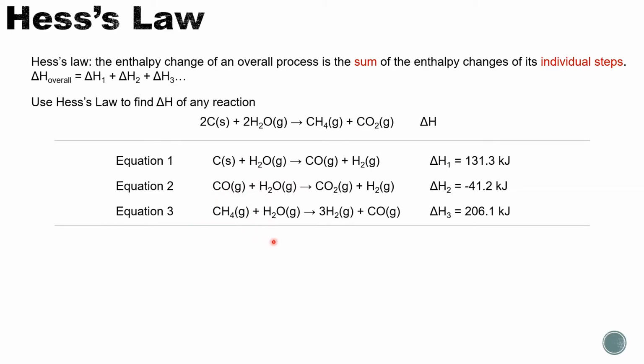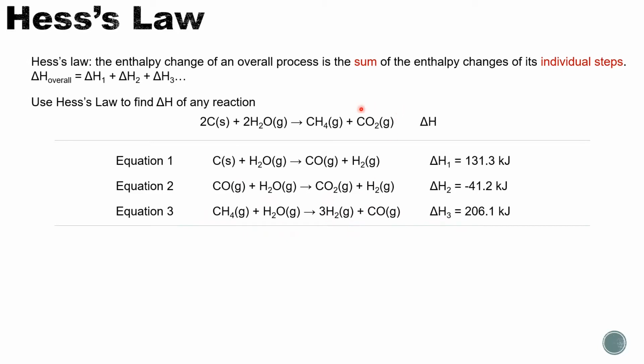However, if you remember, we can flip the reactant and product sides and put a negative sign on delta H. We can also do that here. So we put the negative sign on delta H3 and flip the reactant with the product. Now we have methane on the product side.